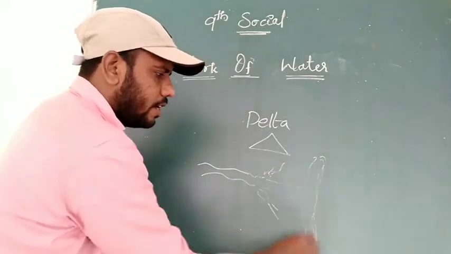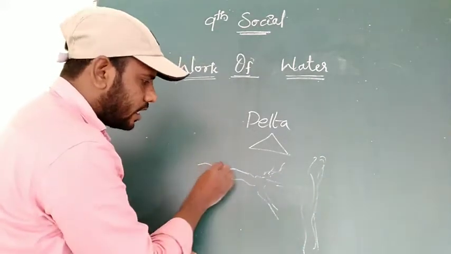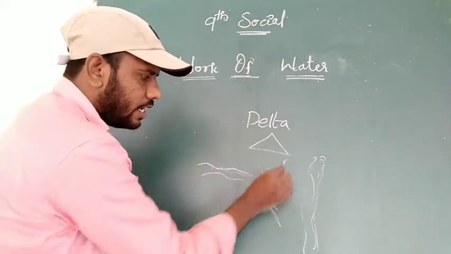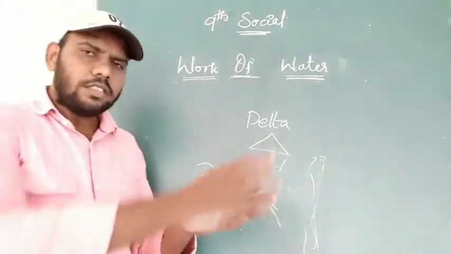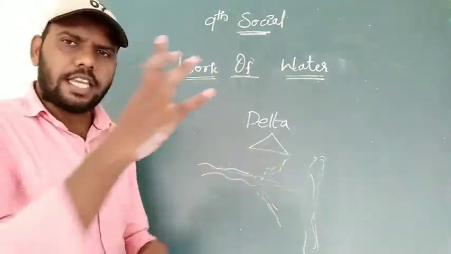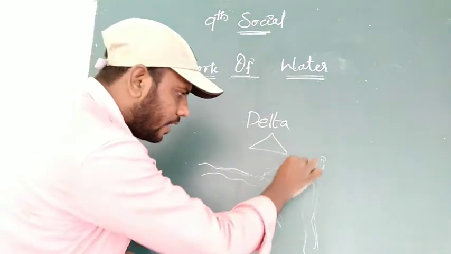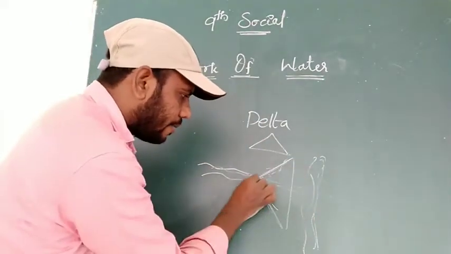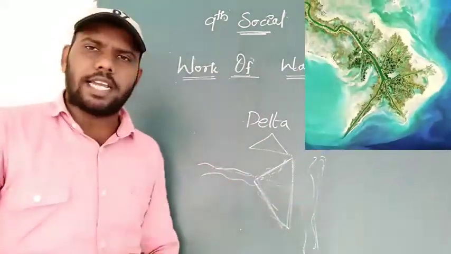So this is the ocean, and the river water dumps its waste here and enters the ocean. From space, if you take a picture, this landform looks like a triangular shape.